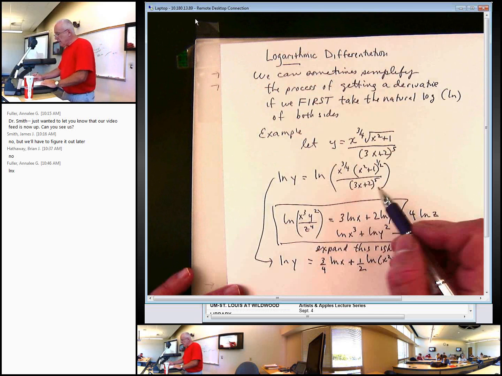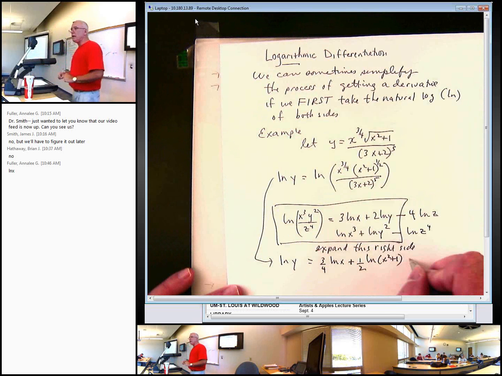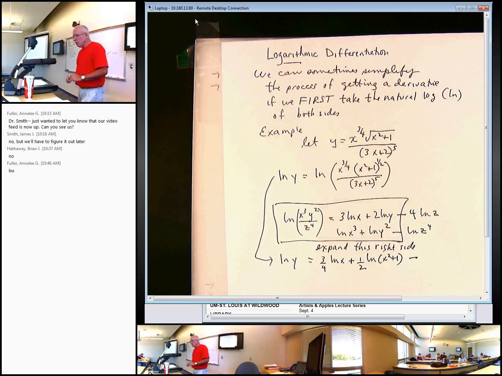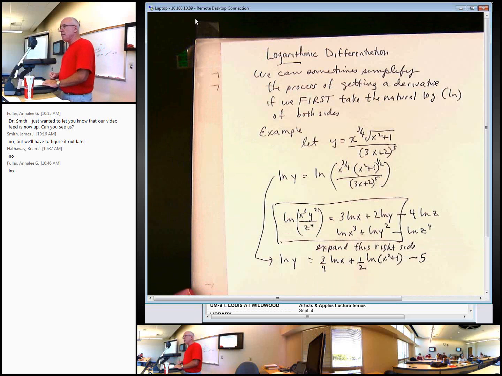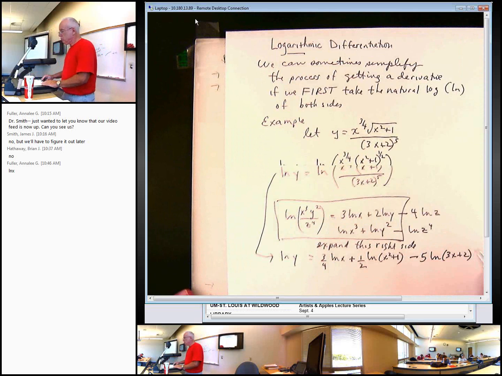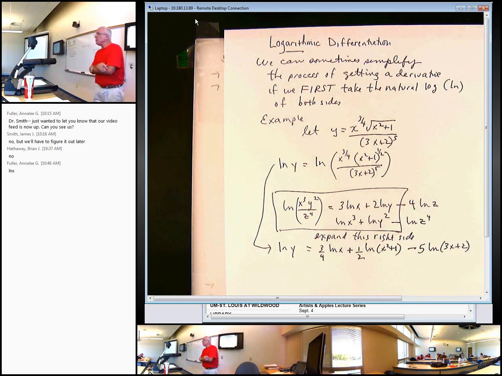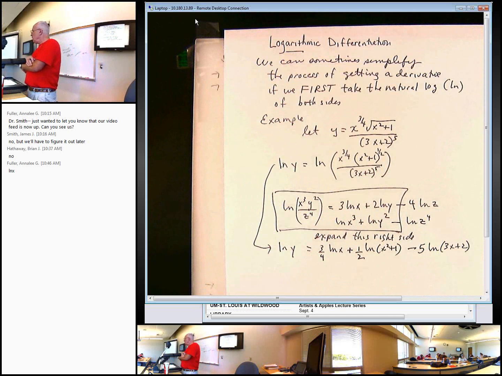Then finally, I have the expression in the denominator, so I have to subtract off, minus. I have an exponent of 5 here. I can put that in front times the natural log of 3x plus 2. So I've been able to expand out that whole right-hand side. We okay with that?